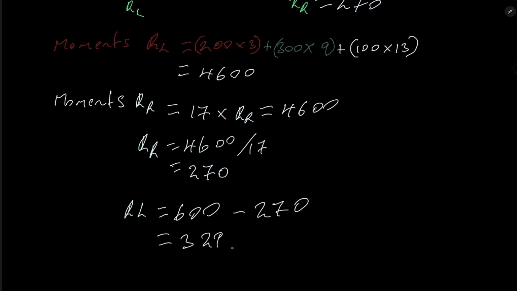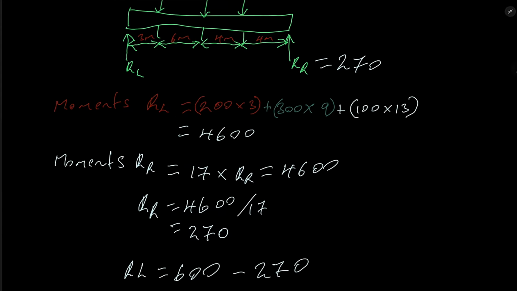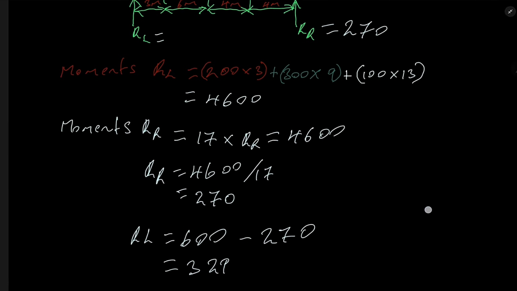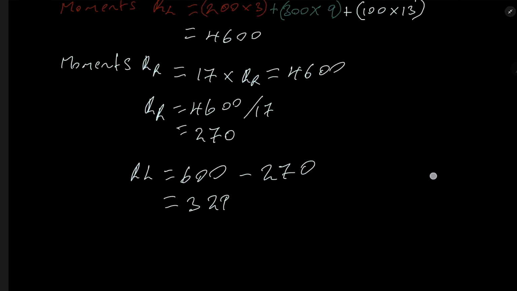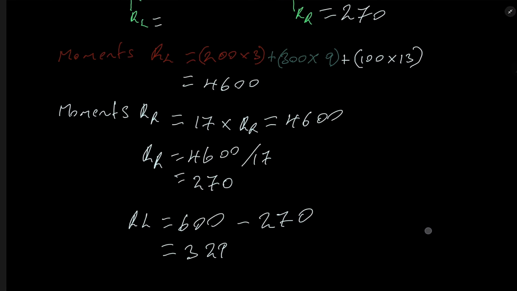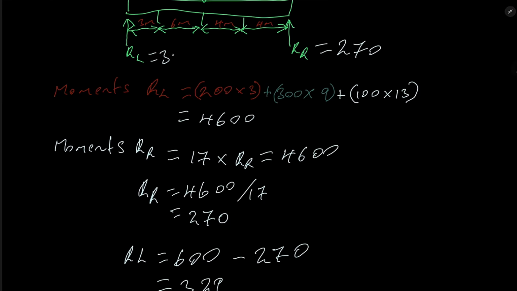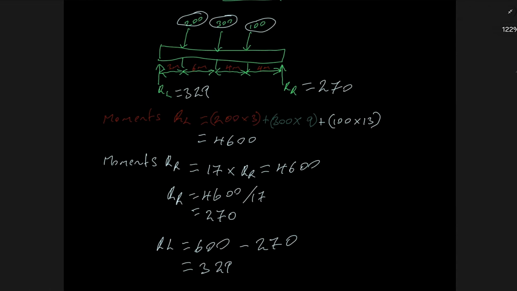So RL is equal to 329. And there you go. This is another scenario in which we calculate reaction based on the loading, and as I said before, this is a multiple loading beam, and this is how we go about calculating the reaction.